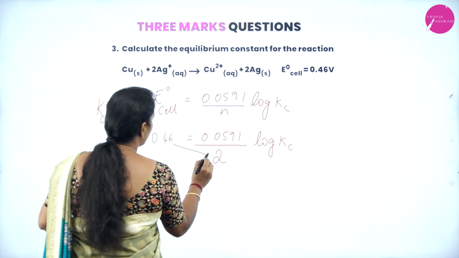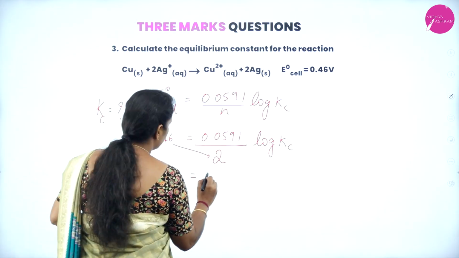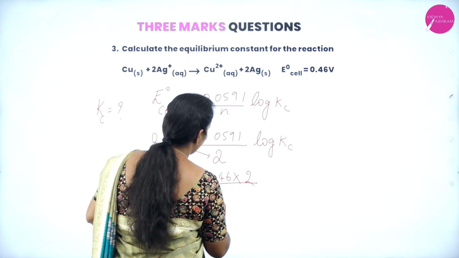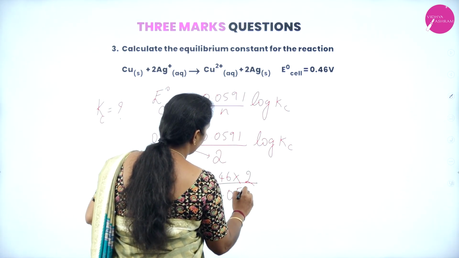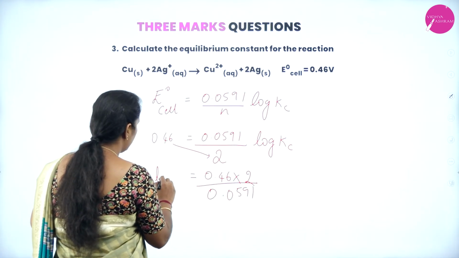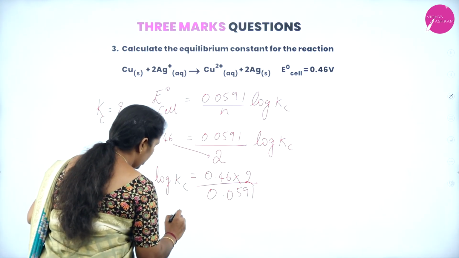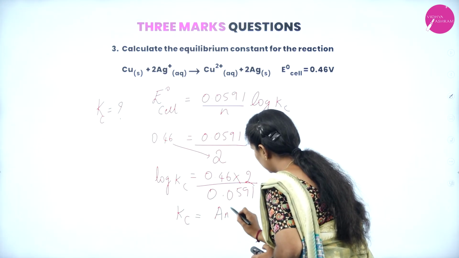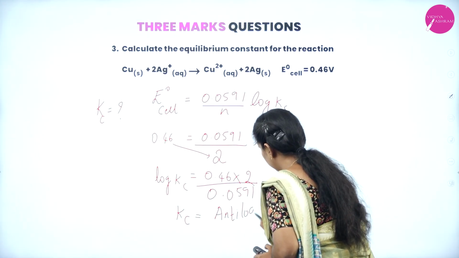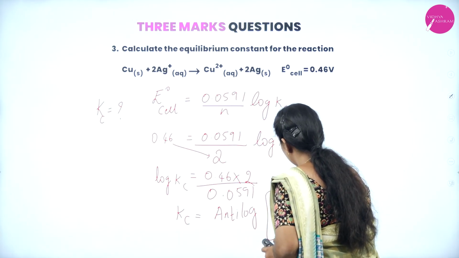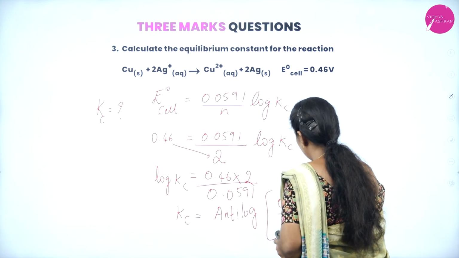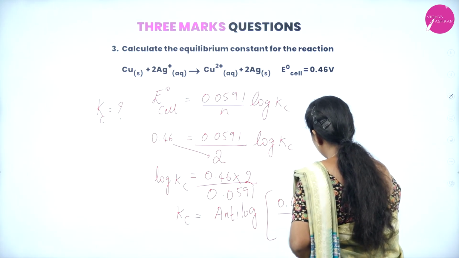Now, if you do cross multiplication, you will get 0.46 into 2 divided by 0.0591 equals log Kc. Or if you take the Kc outside, Kc is the anti-log of 0.46 into 2 divided by 0.0591.